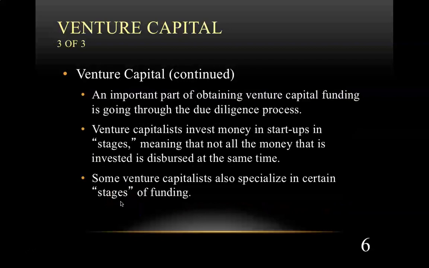Venture capital funding, they say, has an important part which is going through due diligence. As I said, you have these money managers and money investors. Well, they tend to scrutinize the business in a diligent way that shows that they won't get caught out in case the company goes rogue.